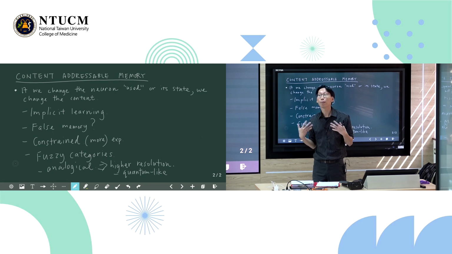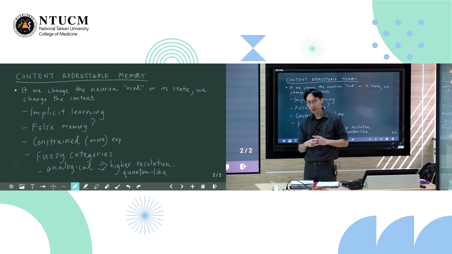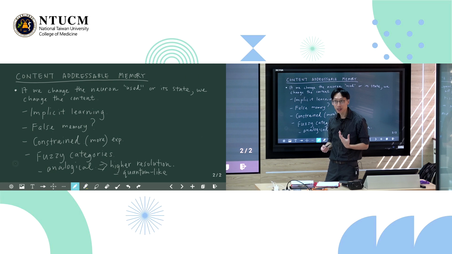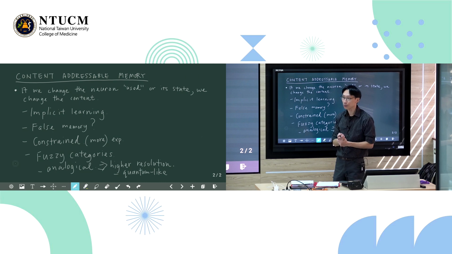So it seems more probabilistic actually. That's a very profound, deep insight. And obviously this doesn't only apply to the phenomenon of content addressable memory, but to pretty much every kind of computation that we do.